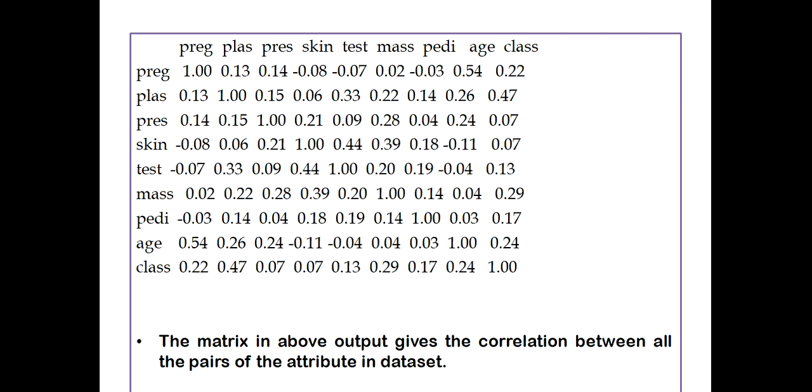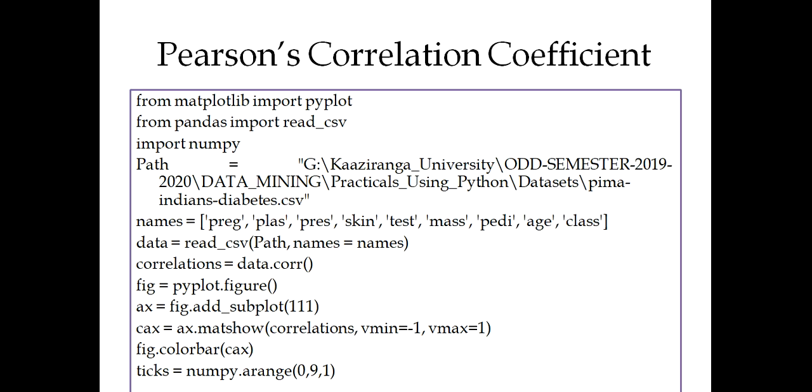And when you plot, we have gone through the plotting. That's why we are importing pyplot from matplotlib, and we have gone through several codes for them. That is figure, pyplot.figure. Then we are adding some subplots 1 1 1, and then the cax values for this, setting vmin equal to -1 up to vmax equal to 1.